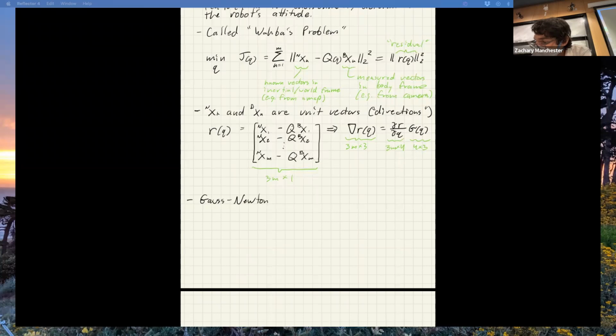So we're going to take this Jacobian, we're going to make a guess for Q first, then we're going to evaluate, actually, before I do this, how many people have done least squares before with Gauss-Newton?